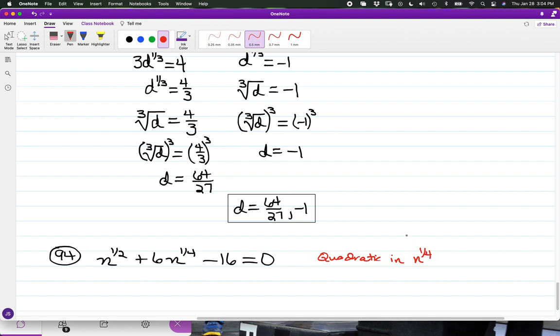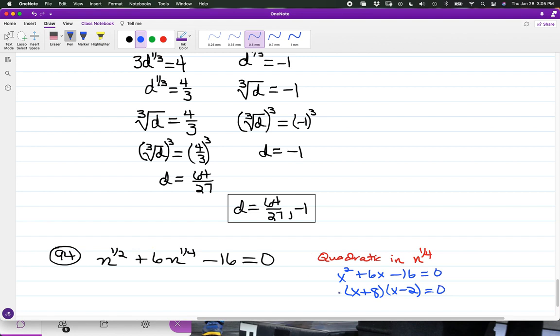And just on a parallel note, if I have the trinomial x squared plus 6x minus 16, I'll have factoring, so I have x plus 8 and x minus 2. We say that x squared correlates with n to the 1/2 and x correlates with n to the 1/4.